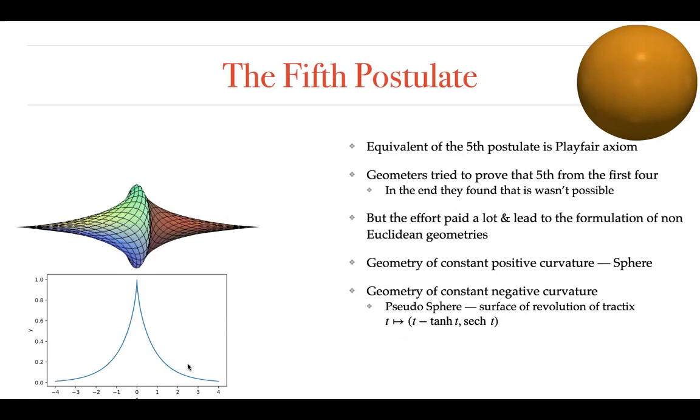This is the parameterization of this curve in t. This is the x coordinate, this is the y coordinate. If you plot it as you vary t, you will get this, and if you rotate it about the x axis, you will get this. Although it appears that it terminates at this point, it does not, because it goes to infinity. These are not the terminal points, and this continues to infinity.